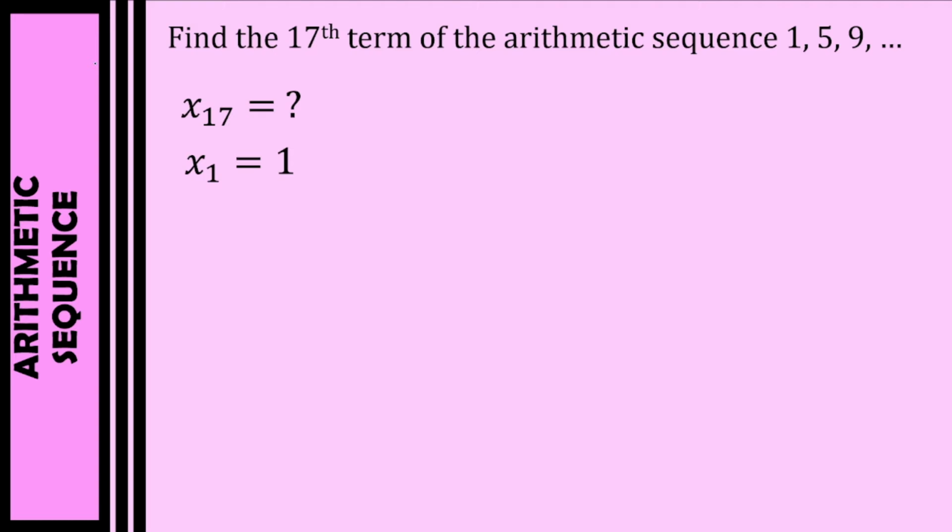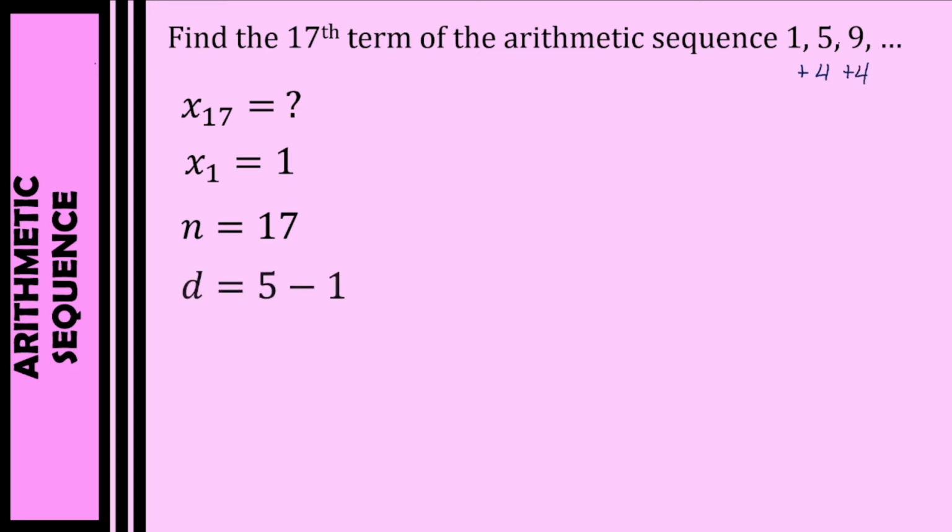We have the first term, x sub 1, which is equal to 1. The number of terms in this sequence will be 17, so n is equal to 17 because we're looking for the 17th term. The next thing that we will look for is the common difference. If we observe our sequence, in order for us to get the next one, we just add 4: plus 4 to get 5, and plus 4 to get 9.